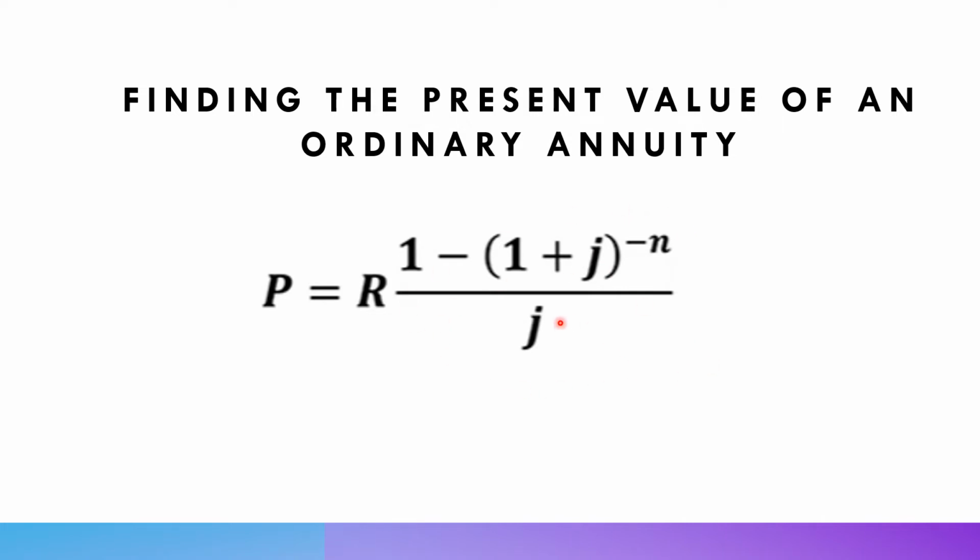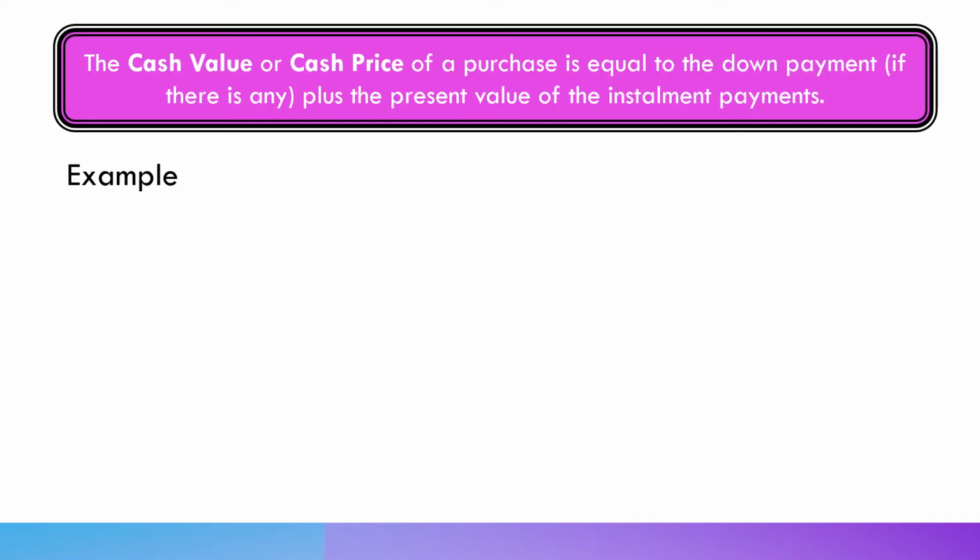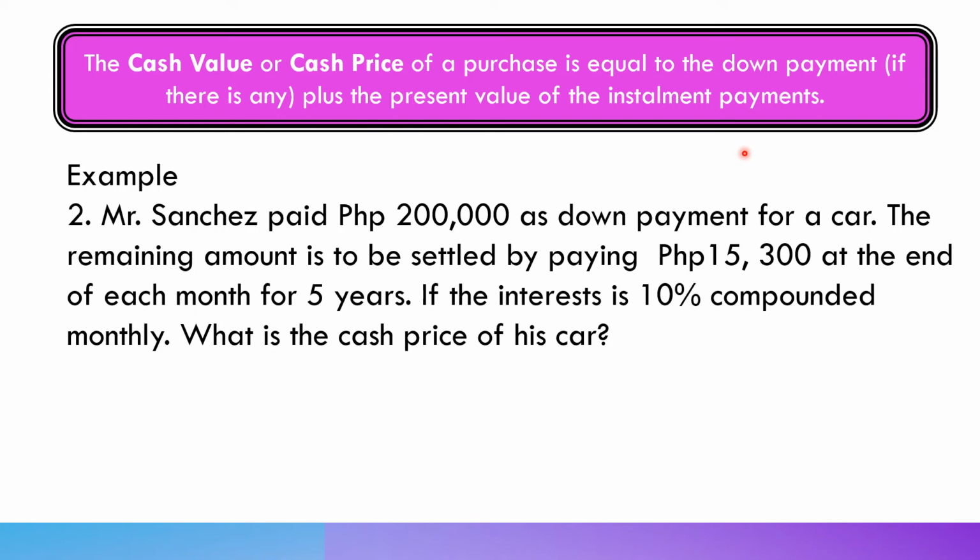So, same lang yung mga meaning ng P, ng R, ng j, at ng n. So, hindi ko na ilalagay ulit yon. Okay, remember that the cash value or cash price of a purchase is equal to the down payment plus the present value of the installment payment. So, let's have this example number 2. Mr.